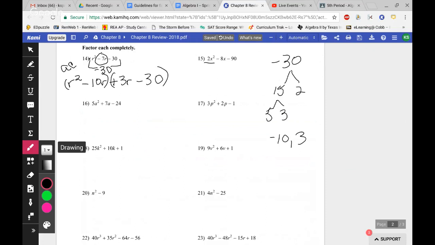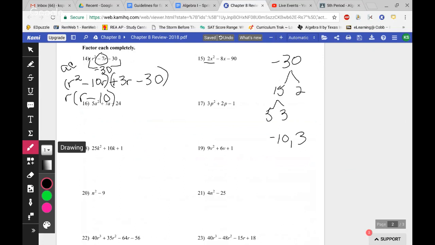Now, in this first one, what can I take out? You can take r out. Good job. I can take out an r. So when I take out an r of an r squared, what's left? r. And then if I take an r out of a negative 10r, what's left? Negative 10.